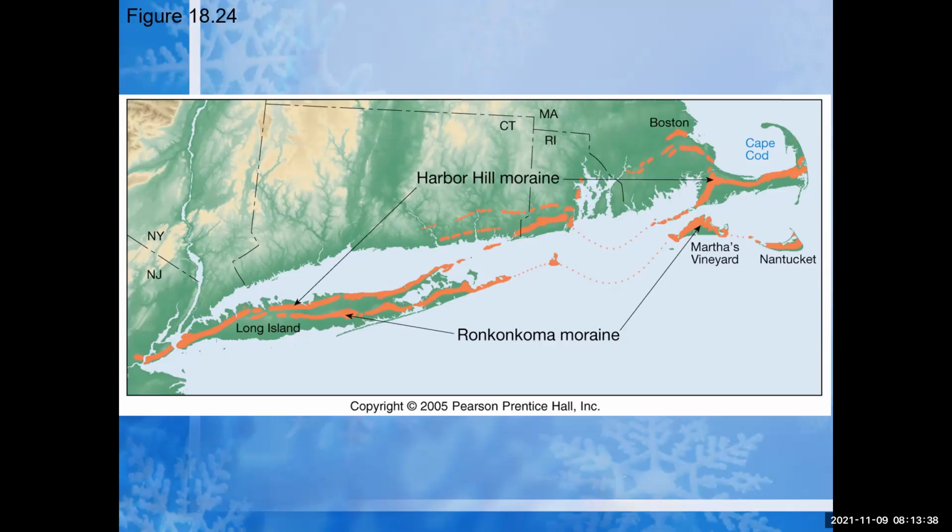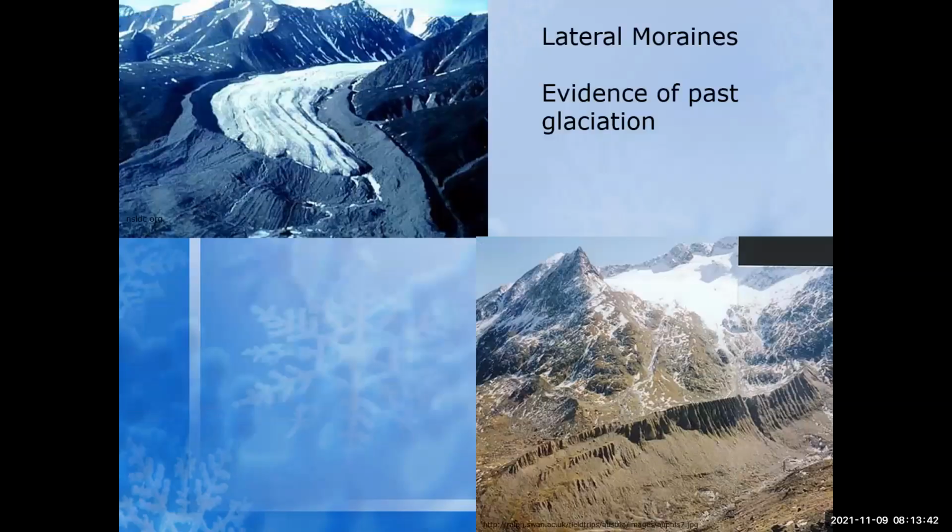That speaks to how massive these continental glaciers once were on this planet. So these moraines, terminal moraines and lateral moraines, are direct evidence of past glaciation.